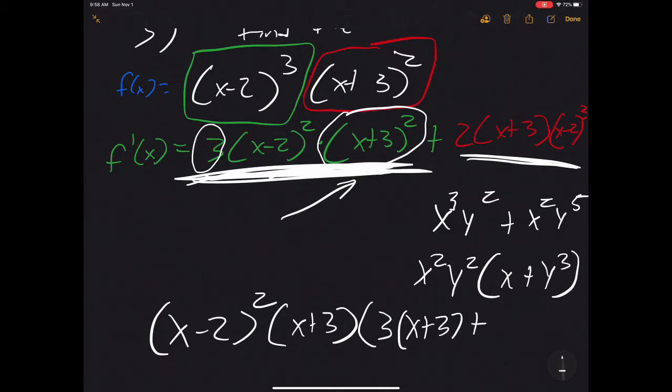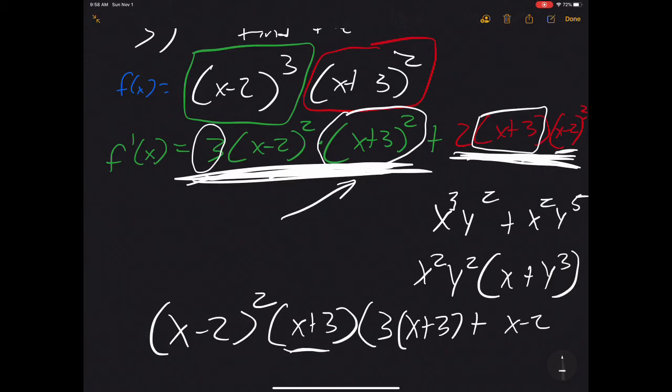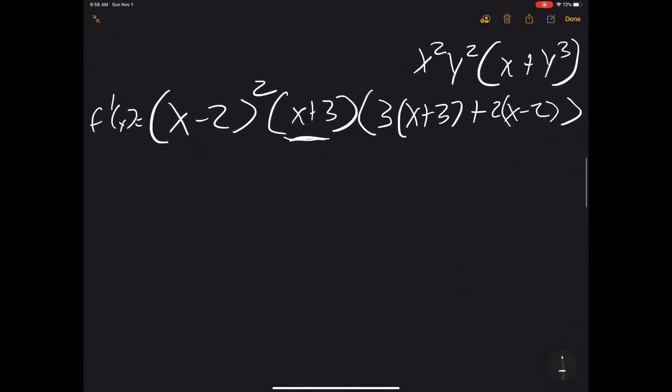I'll put my little plus sign, and I'll go to this side. What's left here when I take out 2 (x minus 2)s? I took 2 of them away from 3. I get 1 (x minus 2). I took away this whole (x plus 3) and put it right here, and I didn't touch the 2, so I'll put the 2 up front as well. And this is still f prime of x. All I did was factor a little bit, and that factoring gets a lot prettier once I multiply this out.